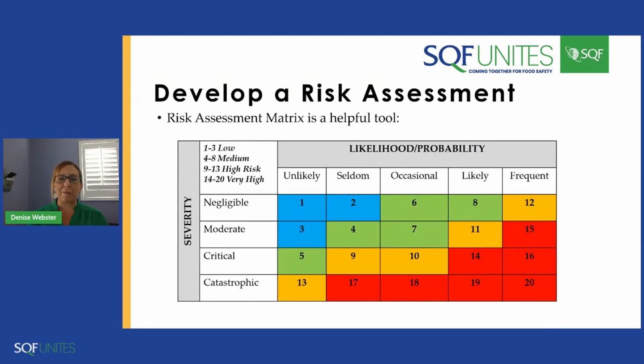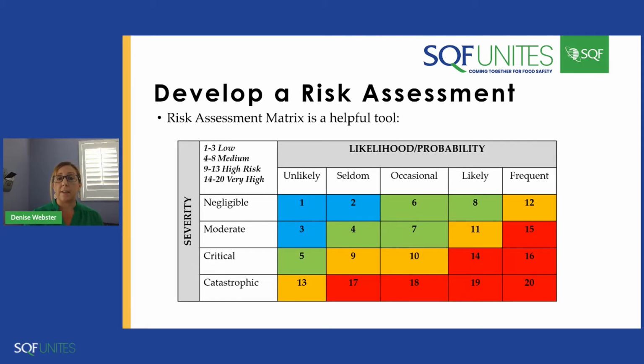This might look very familiar to most of you, or one version of the many that are out there. This risk matrix will help us look at the likelihood and probability of that perceived risk of whether or not it could actually occur. Is it unlikely to occur? Or is it likely based on history of your internal operation? Or there are recalls, for example, allergen labeling.